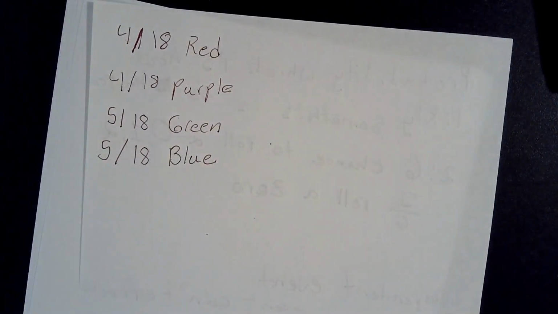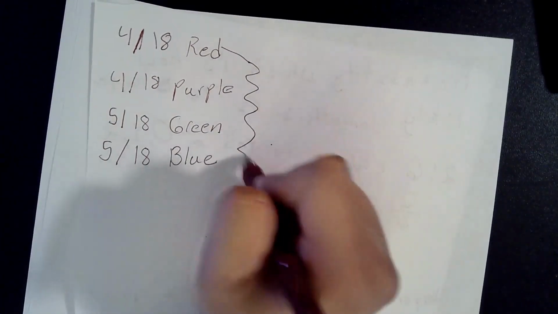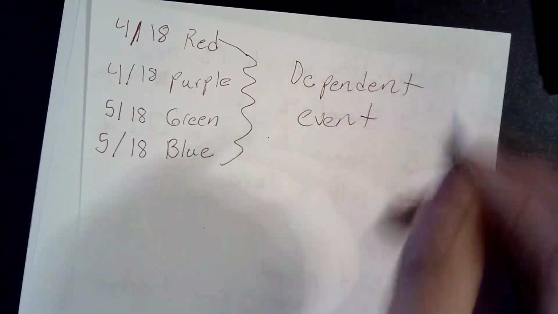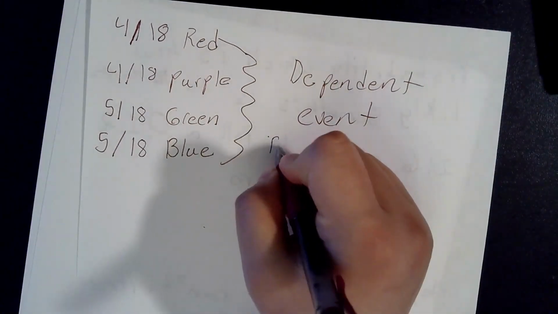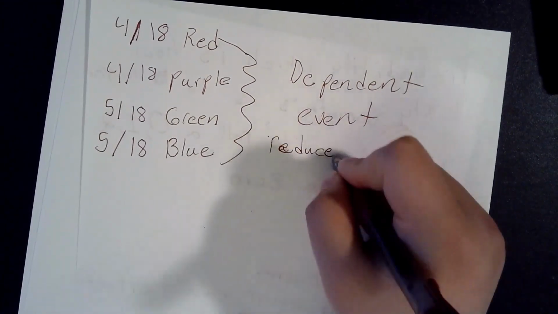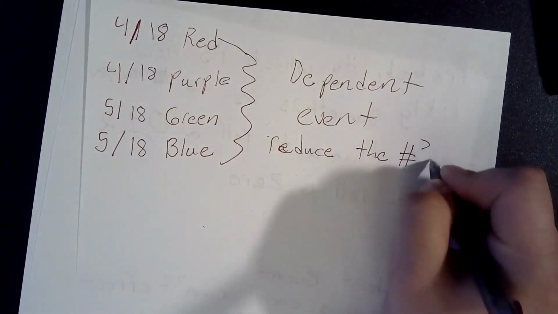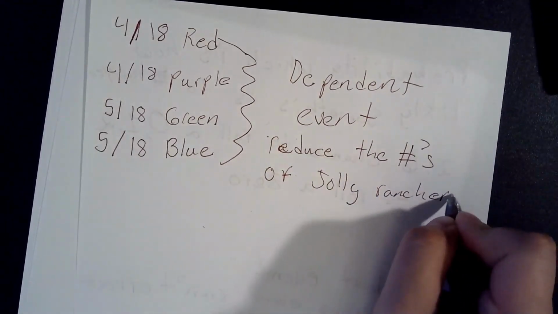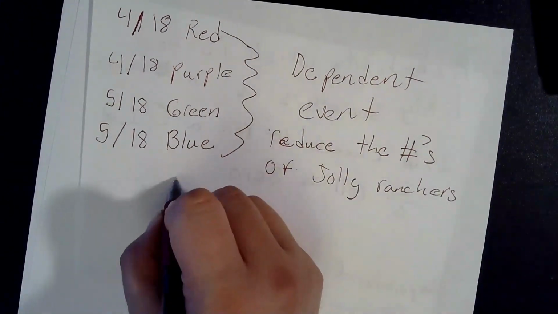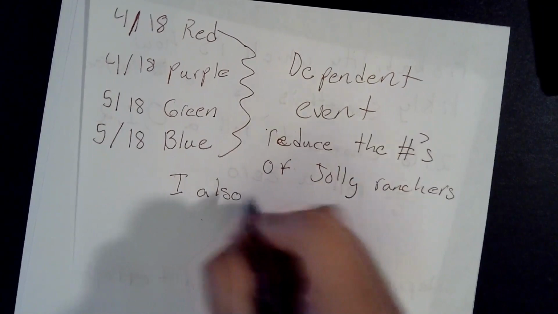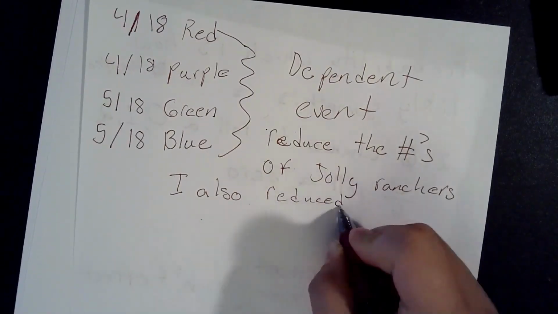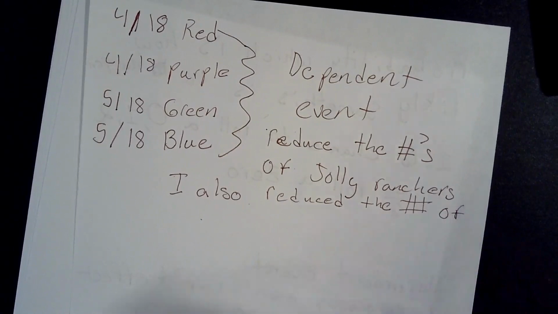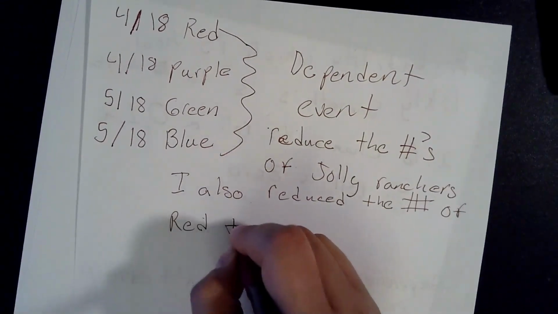Okay? So the dependent event is not only did I reduce the number of Jolly Ranchers, but I also reduced the number of red and purple left.